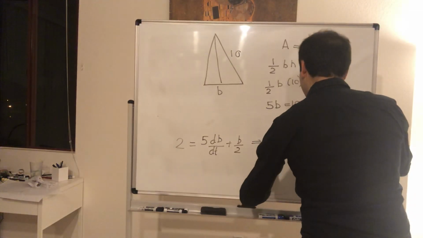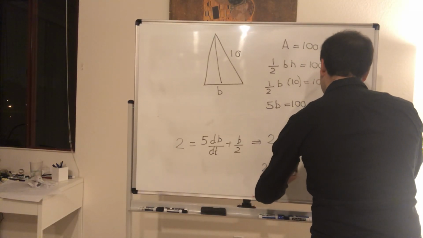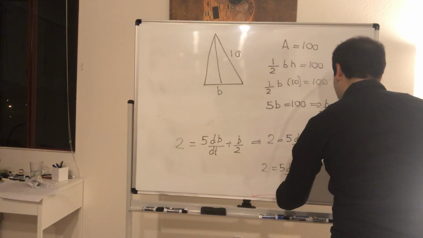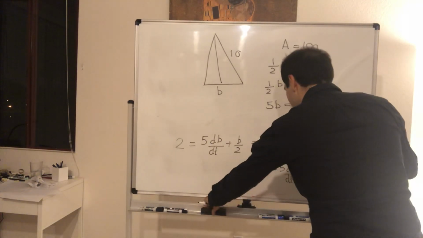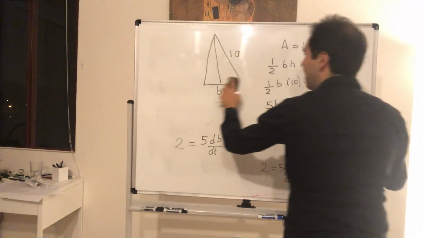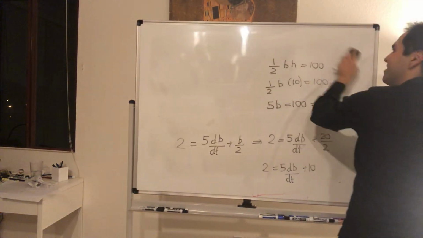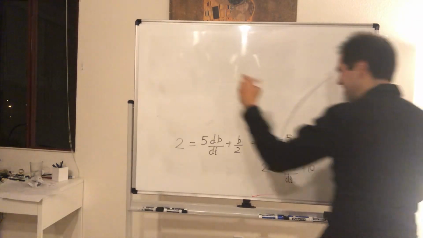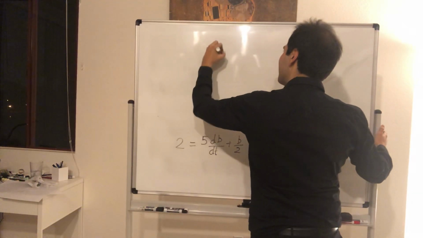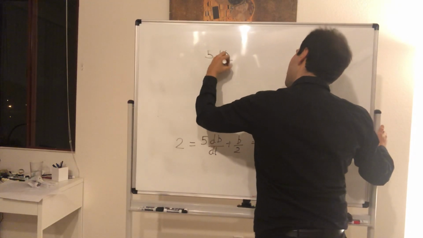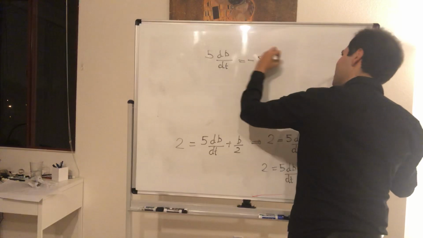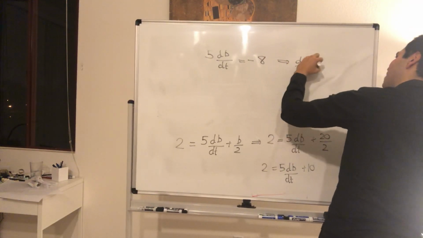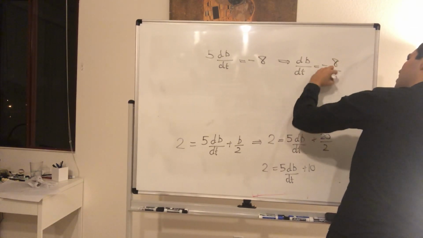So 2 equals 5 dB over dt plus 10. Interesting, dB over dt reminds me of Dragon Ball. So 5 dB over dt is minus 8, and therefore dB over dt is minus 8/5.